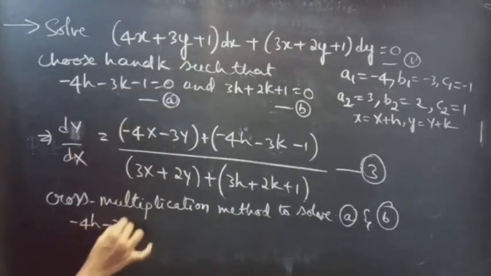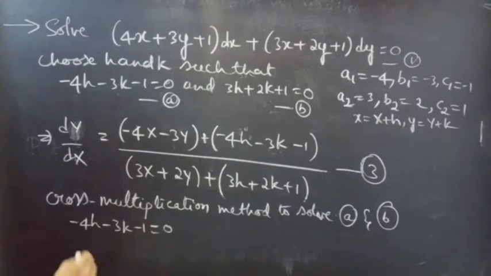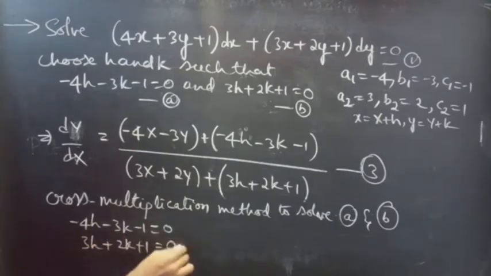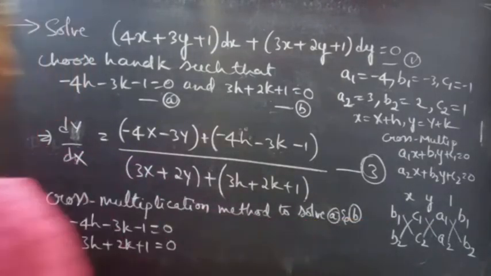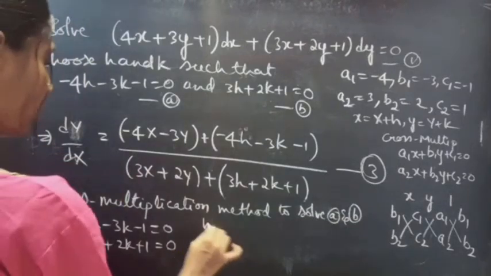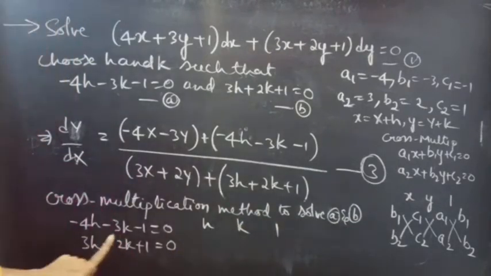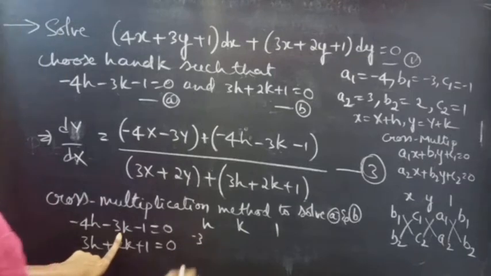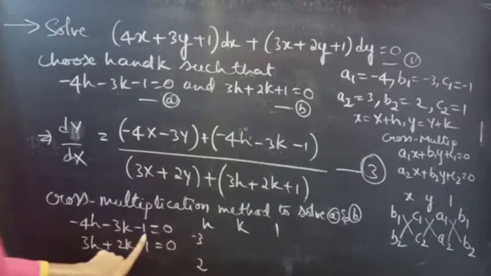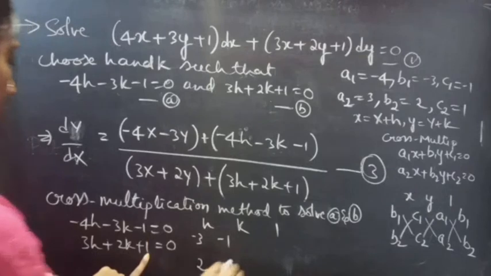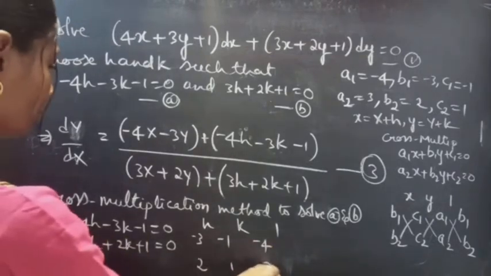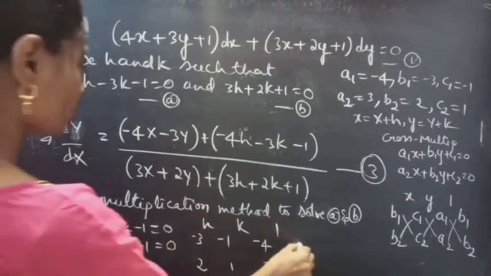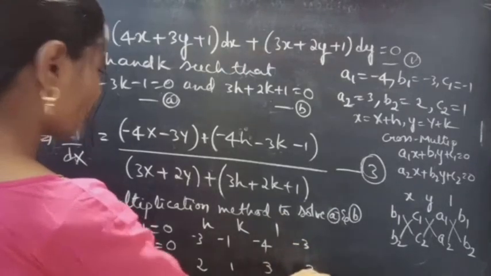Minus 4h minus 3k minus 1 equals 0. 3h plus 2k plus 1 equals 0. So here is the method. h, k, 1: minus 3, 2, minus 1, 1, minus 4, 3, again minus 3, 2.